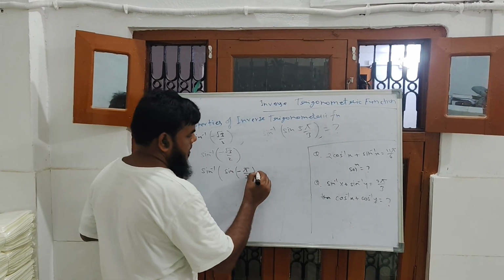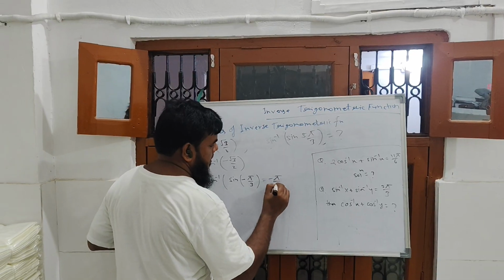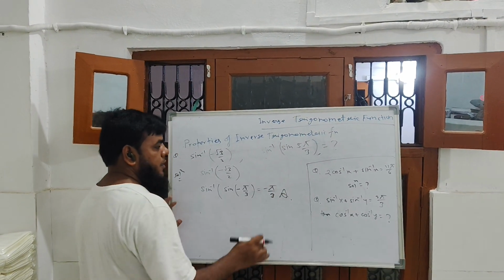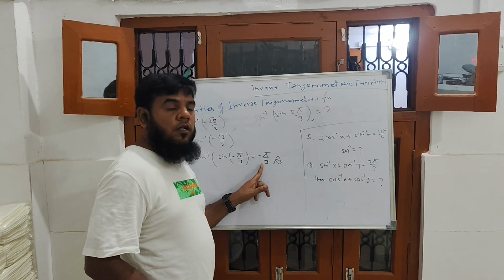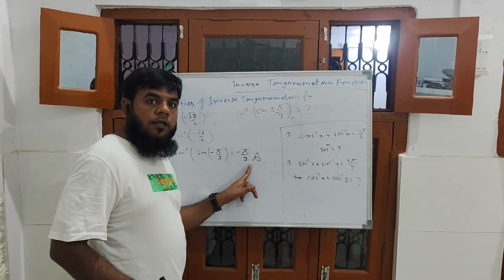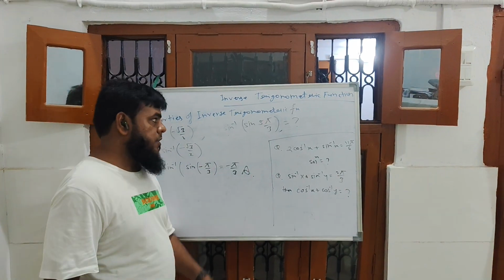Sine inverse and sine cancel out, so minus pi by 3 is the answer. This answer lies between minus pi by 2 and pi by 2, so this is the right answer.